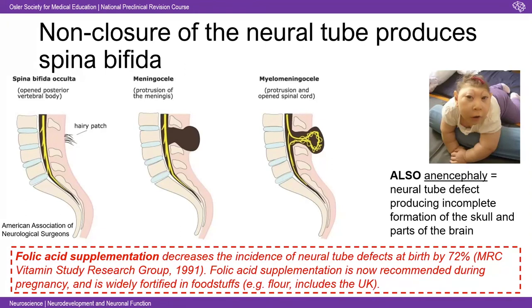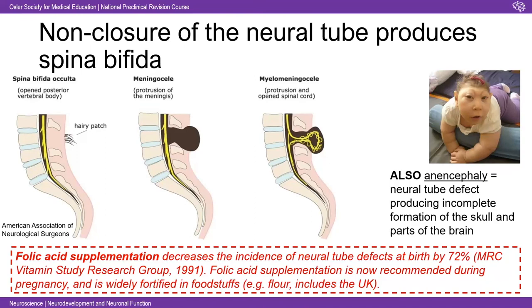So you get spina bifida occulta, which is a more minor defect, whereby the problem is only that a complete vertebra fails to form, progressing all the way up to myelomeningocele, which is where you get protrusion of neural tissue completely outside the body wall. And on that scale of severity there will be more debilitating defects. That's thinking about the caudal end and the spinal cord.